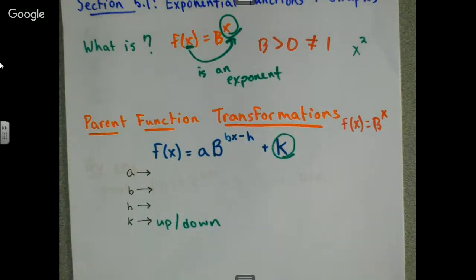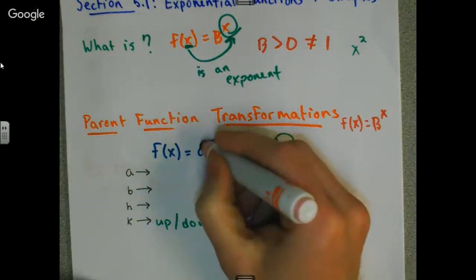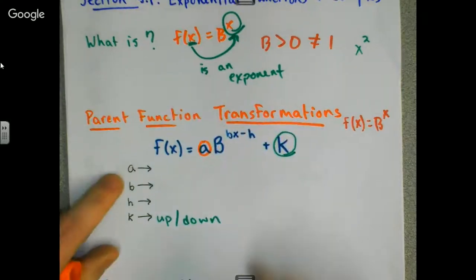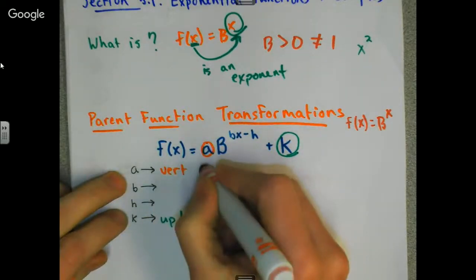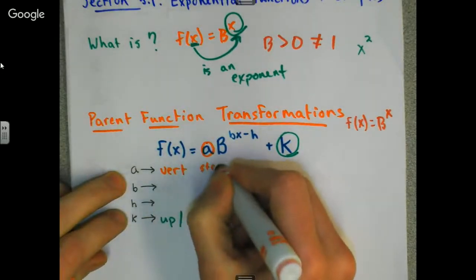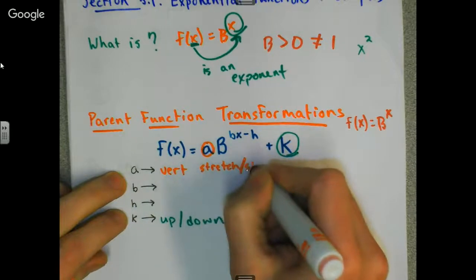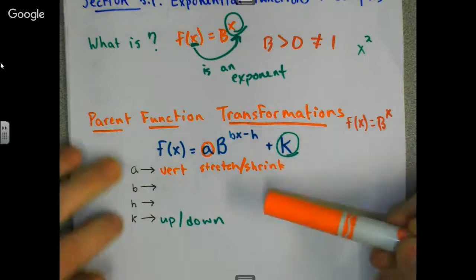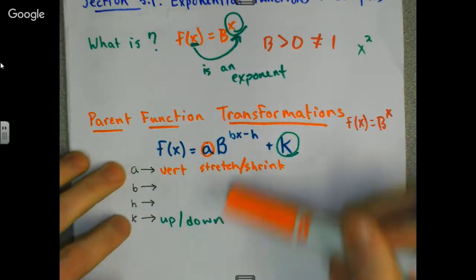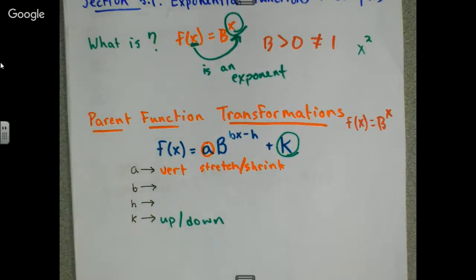Okay. Let's go to A, because K and A are related. A is a vertical stretch or shrink. Why are A and K related? Because they're both in the vertical direction.